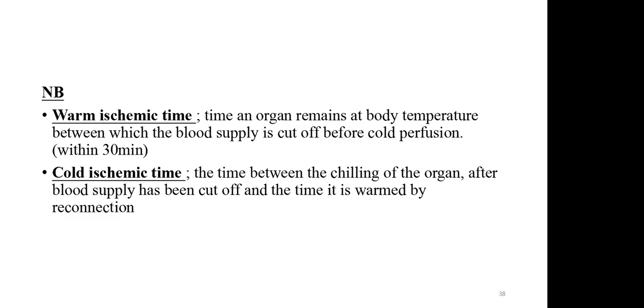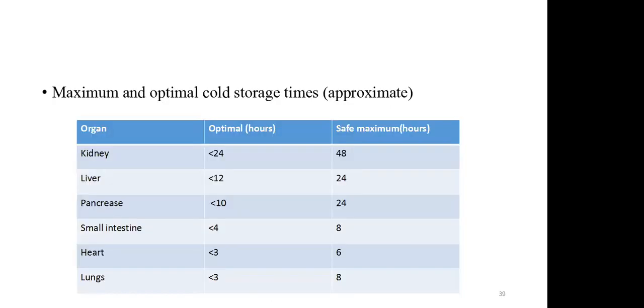Extension of this time may predispose to ischemia, and subsequently there may be delayed organ function or even primary organ dysfunction. Then the cold ischemic time is the time between the chilling of the organ and the time the organ is reperfused.